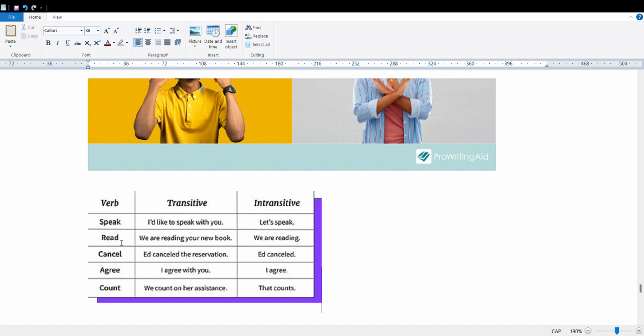Next one is read. We are reading your new book. Intransitive: we are reading. Quite simple. You can even see the difference. Cancel: it cancelled the reservation. Intransitive: it cancelled. Agree: I agree with you. Intransitive: I agree. Count: we count on our assistants. Intransitive: that counts. So you can even see the difference between these two sentences.